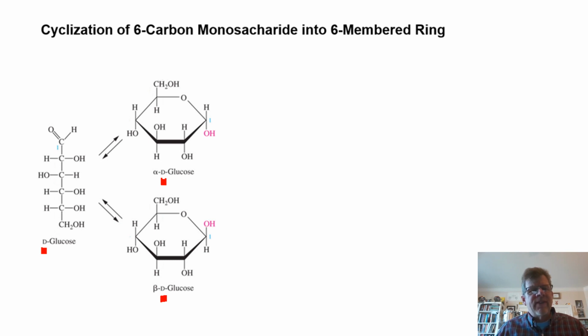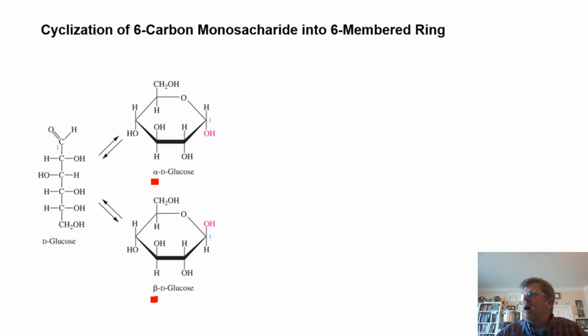So although you may see these D designations in here, I'll frequently just omit them and just call it glucose rather than D-glucose, because it's always going to be D. So with that out of the way, here we see we can come into either an alpha anomer or a beta anomer, which we looked at before.